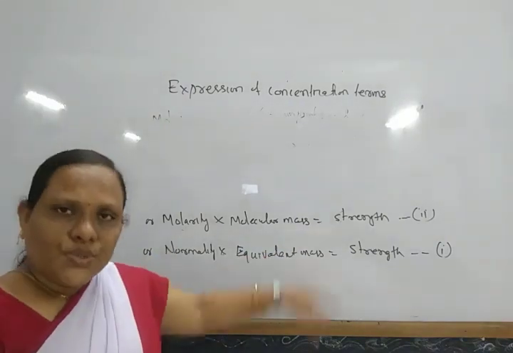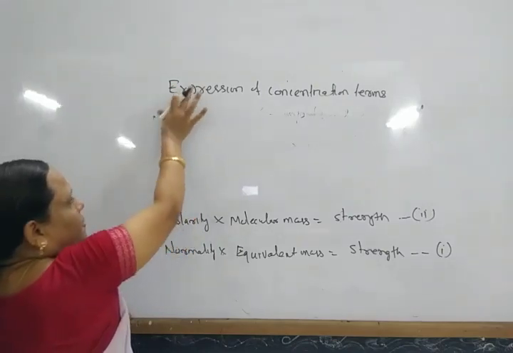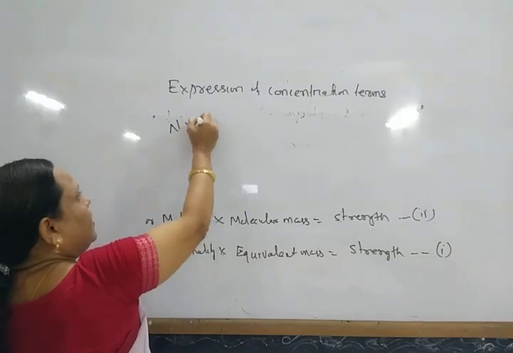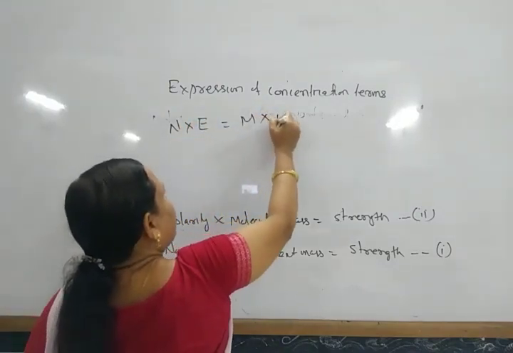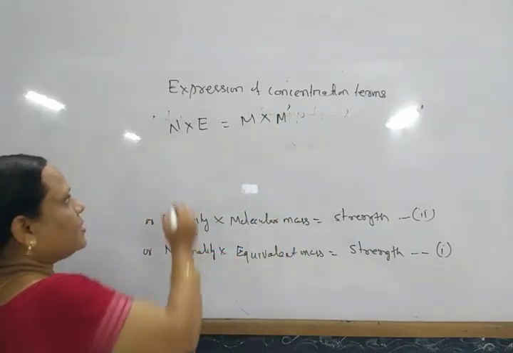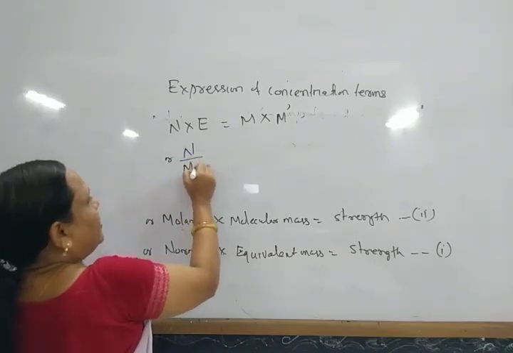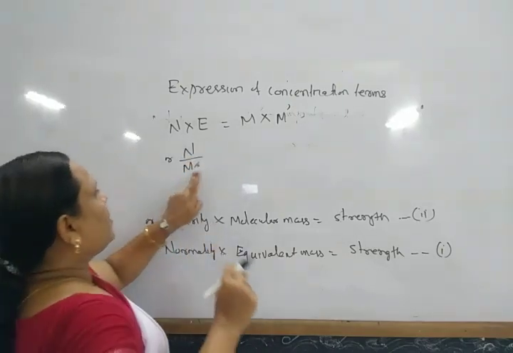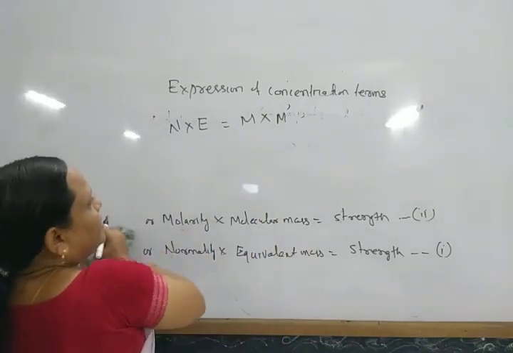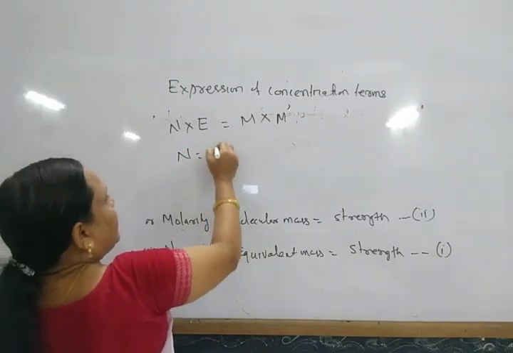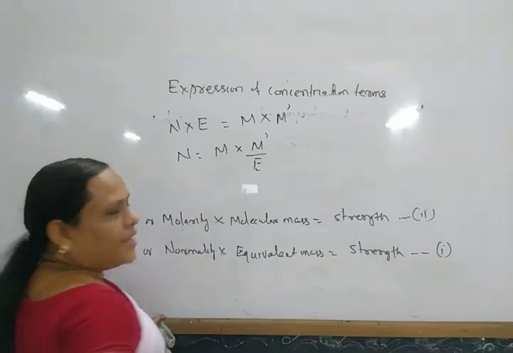Equating these two, normality, suppose I am writing N, normality into equivalent mass equals molarity into molecular mass, or normality equals molarity into molecular mass by equivalent mass.